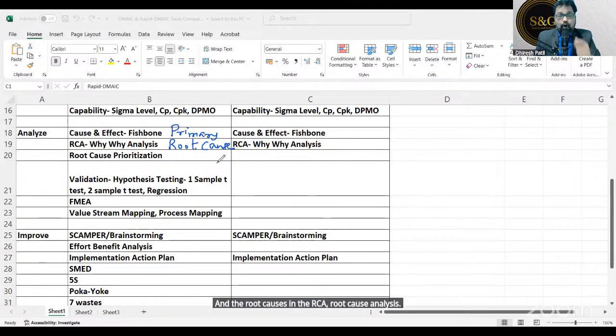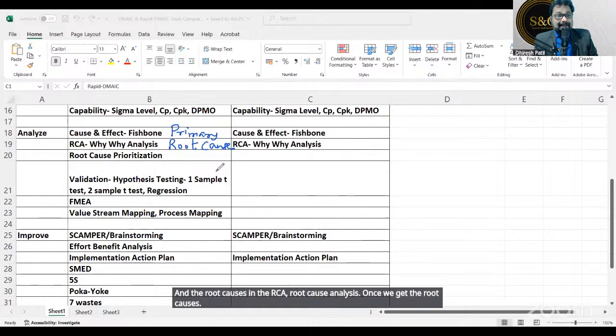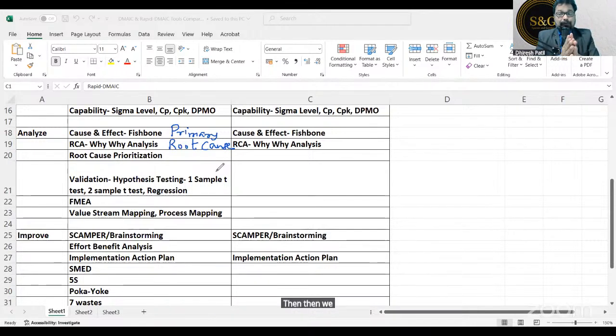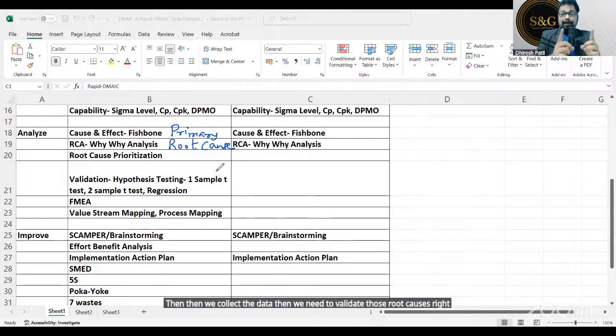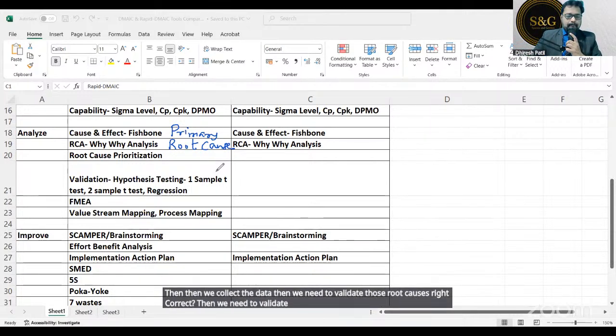Once we get the root causes, then we collect the data. Then we need to validate those root causes, right? Correct? Then we need to validate those root causes. For example, one of the root causes is lack of experience of the operators is causing more defects.